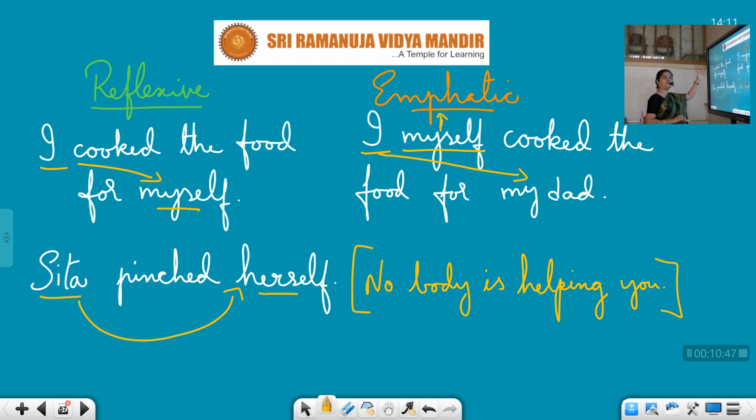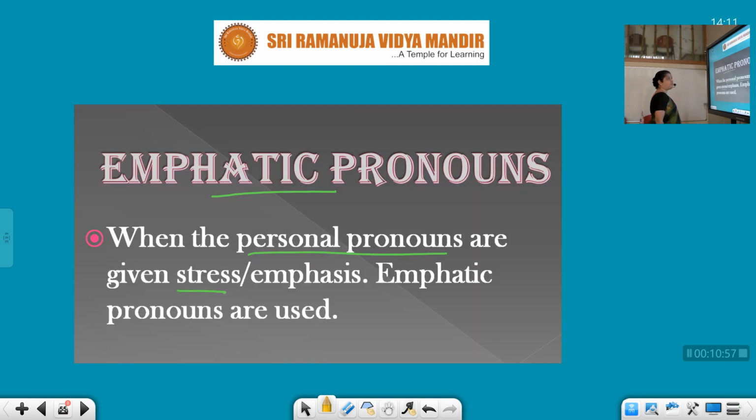Here you are saying you are cooking the food for yourself, so you are reflecting the subject and the object, and so it is called reflexive pronoun. So please be very careful and don't get confused between reflexive pronouns and emphatic pronouns. Emphatic pronouns are when the personal pronouns are given stress. When they are given stress or emphasis, that means you are pinpointing that you yourself did it. So because you're emphasizing yourself, it is called emphatic.